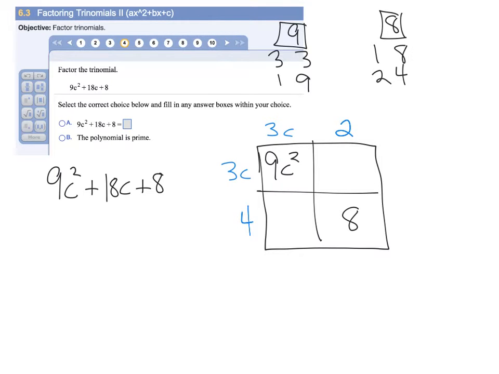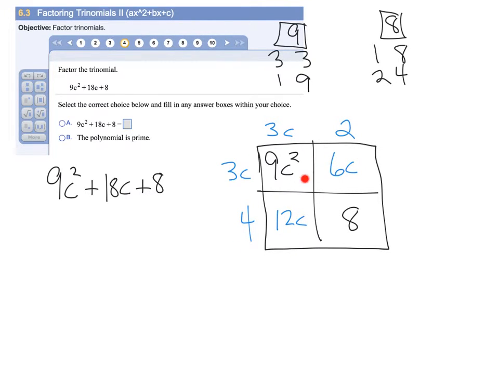So when we multiply it out to see if we're right, we get right here 6c, and then right here we get 12c. Now we know that the first term works out to 9c squared. We know the last term works out to 8, because that was how we guessed.